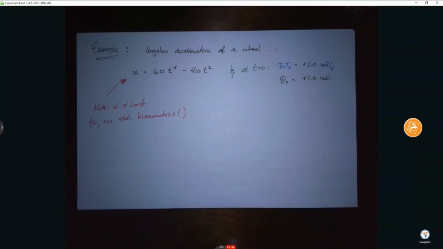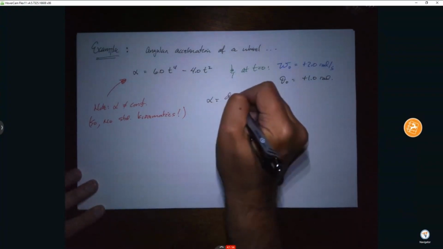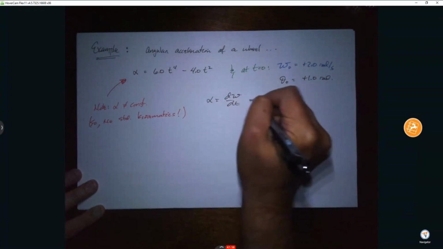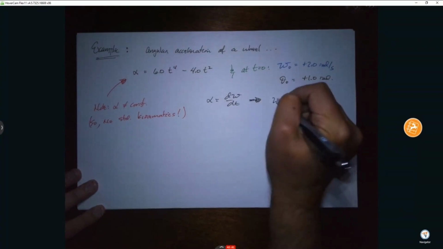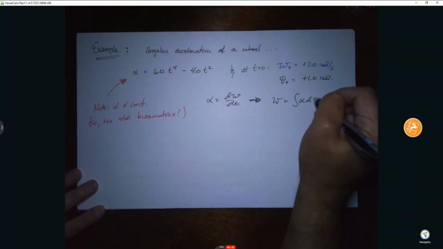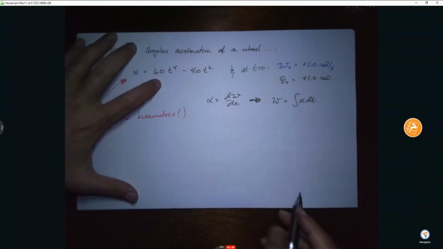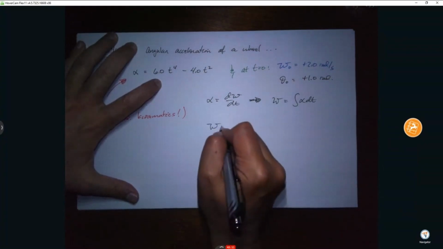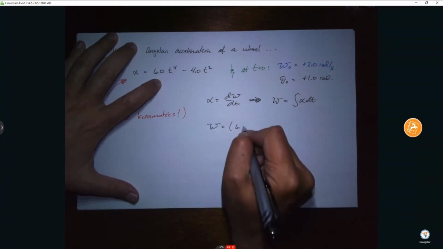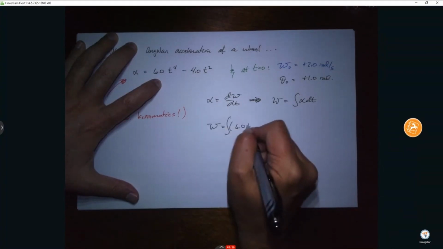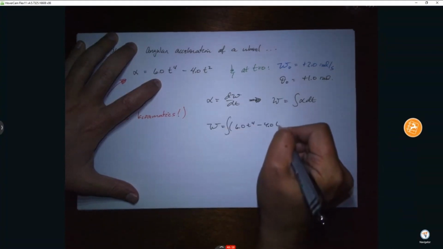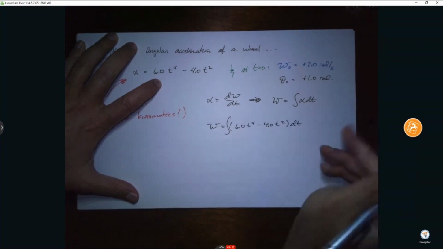What we can do, though, is since the acceleration is the time derivative of the angular velocity, since alpha is d omega dt, then omega is the integral of alpha dt. So we can plug in our values for alpha: the integral of 6t to the 4th minus 4t squared, integrated dt.